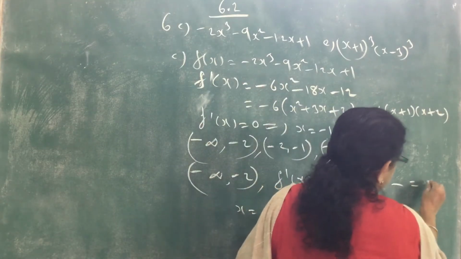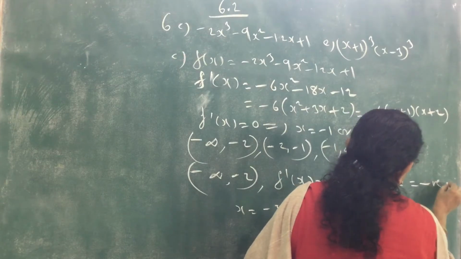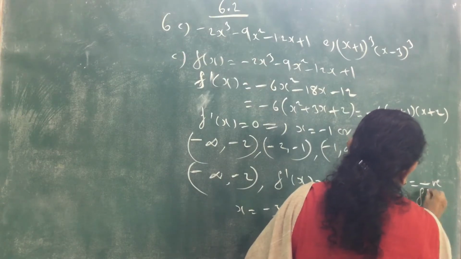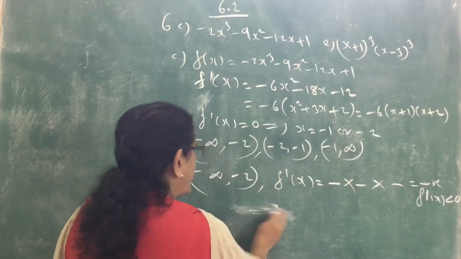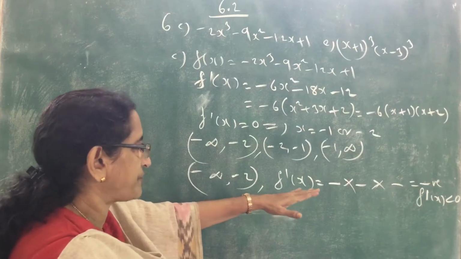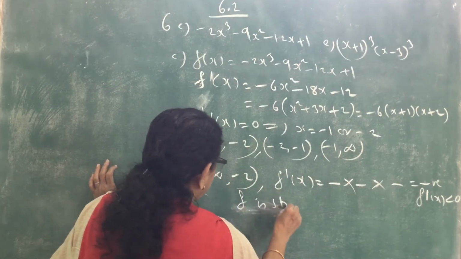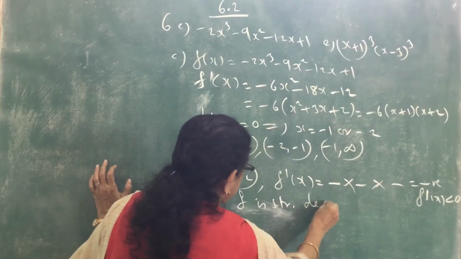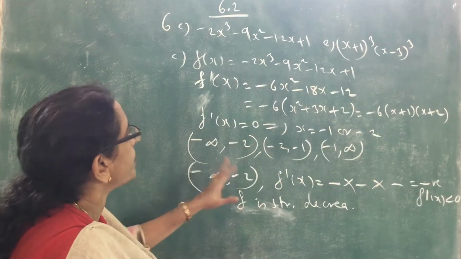So f dash x is less than 0. Therefore, in this interval, f is strictly decreasing.